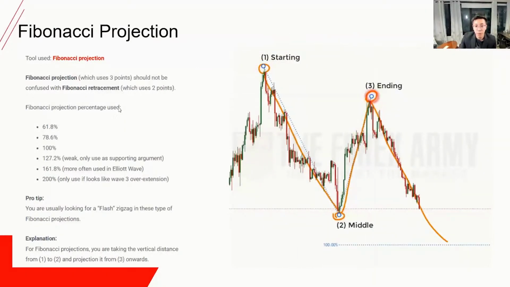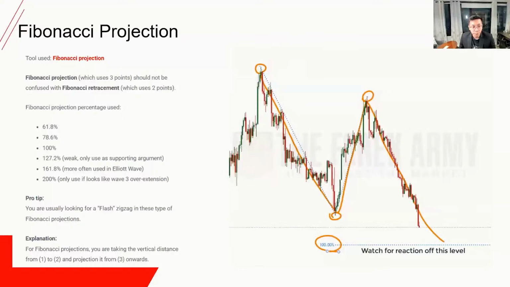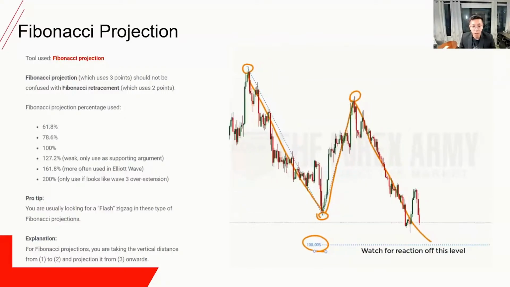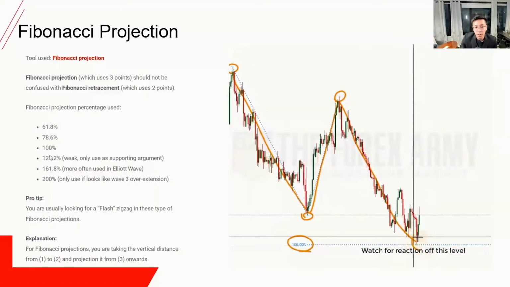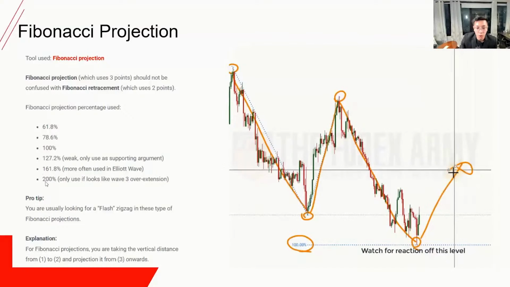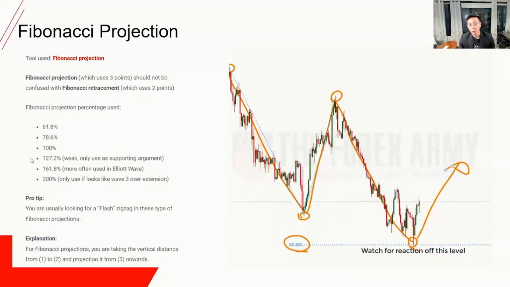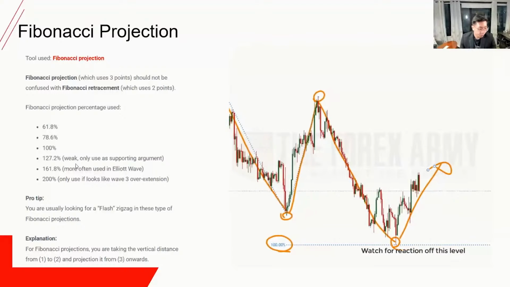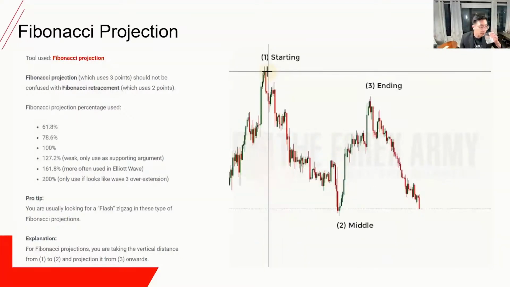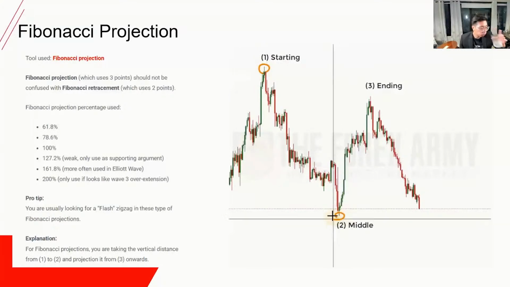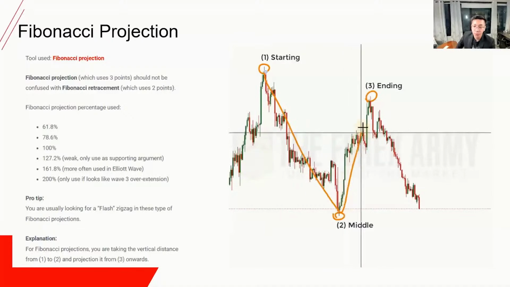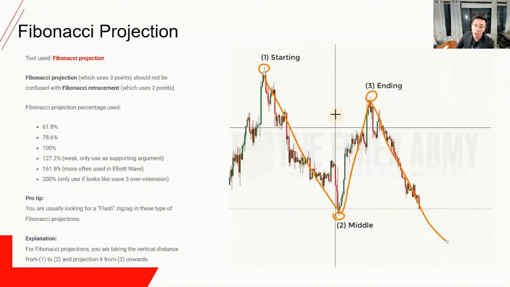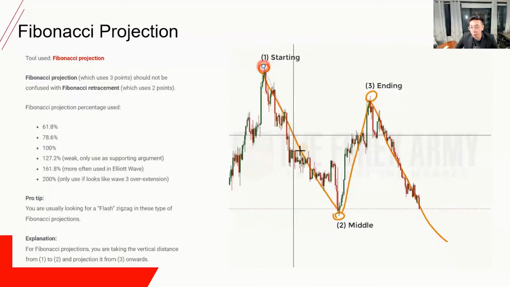Fibo projection percentages used will only be 61.8, 78.6, 100, and that's the max. 127.2 is weak and can only be used as a supporting argument, while 161.8 and 200% are more often used in Elliott waves and not such simple tools.